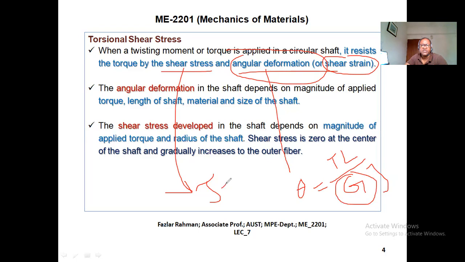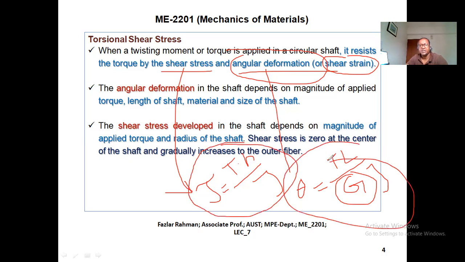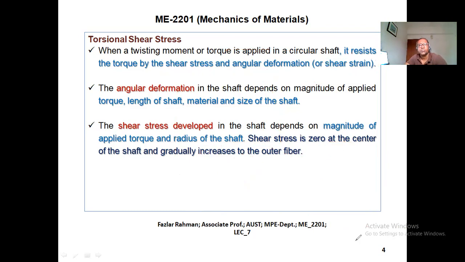Similarly, tau equals T into R divided by J. These two formulas I am just giving you now, but you need to know how these formulas come about, because when you apply torque, how do tau, R and J, then G, then theta come? So in this chapter, we'll derive these two formulas.